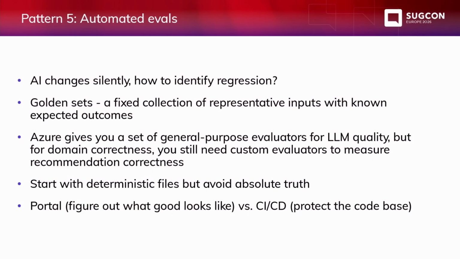Because of that, AI can change quite silently underneath you. So how do you identify regression if you're tweaking your prompts, tweaking your model choices? How do you know if, in net outcome, you have improved the system or regressed the system?